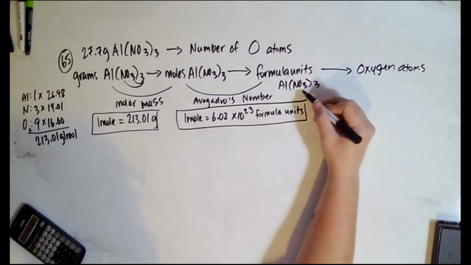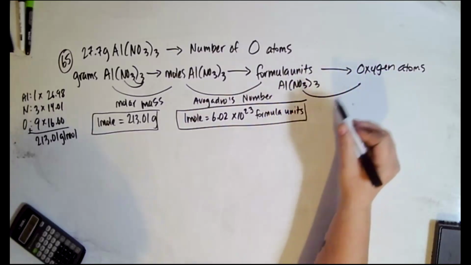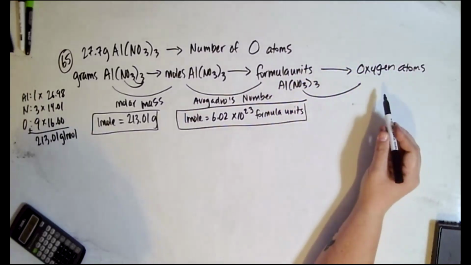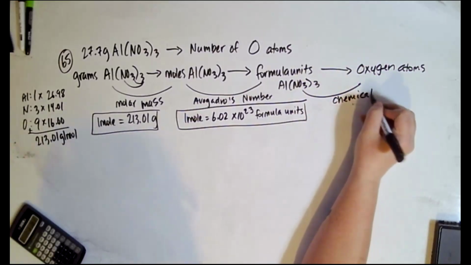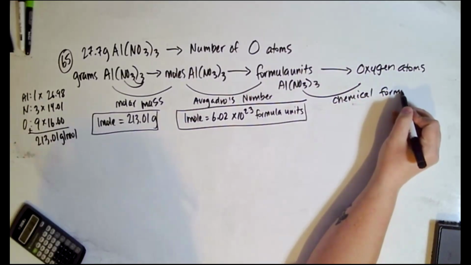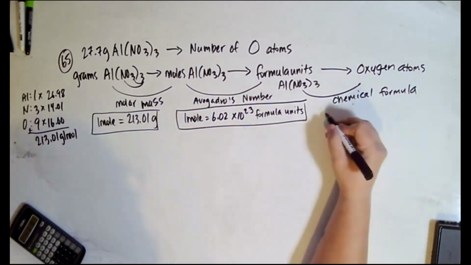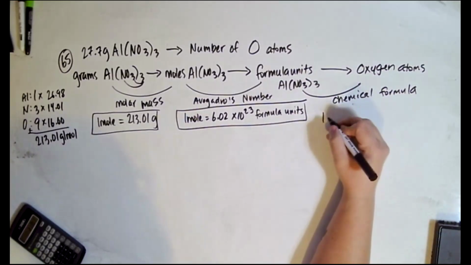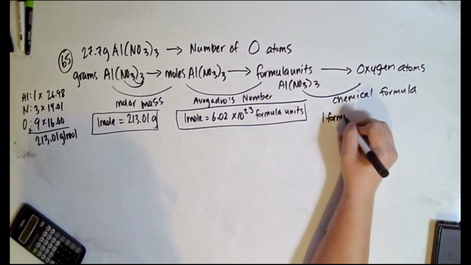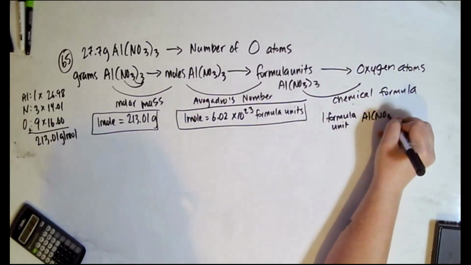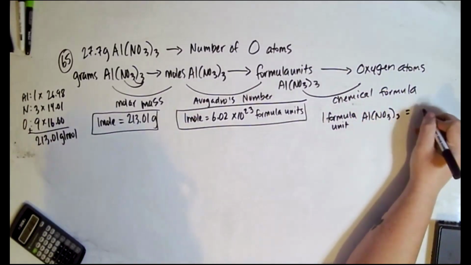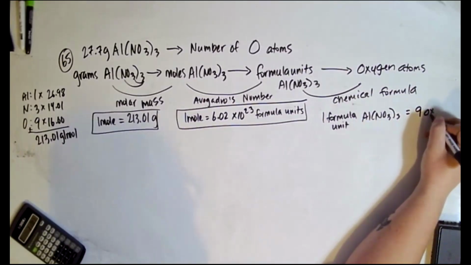And then our last conversion will be from formula units into oxygen atoms. And for this, we'll look at our chemical formula. And every 1 formula unit of Al(NO3)3 has 9 oxygen atoms.